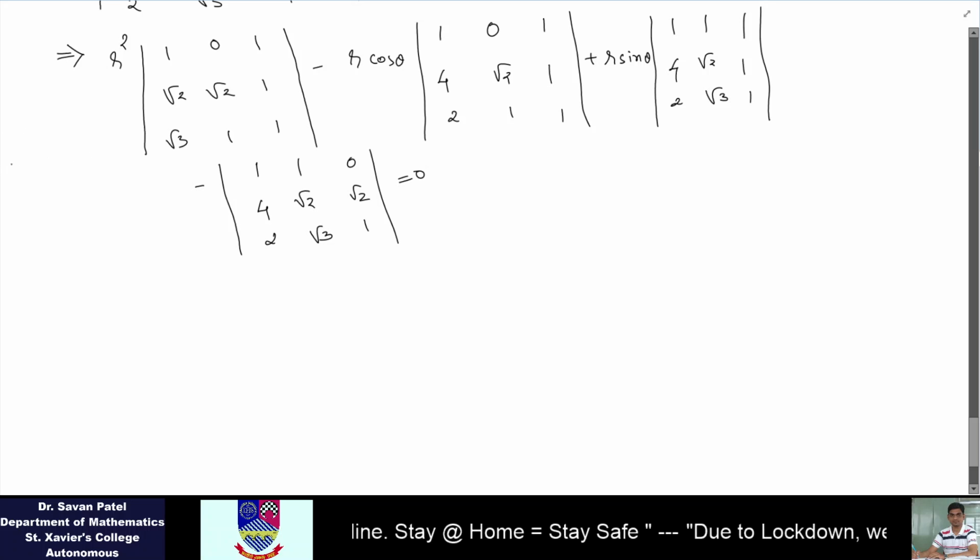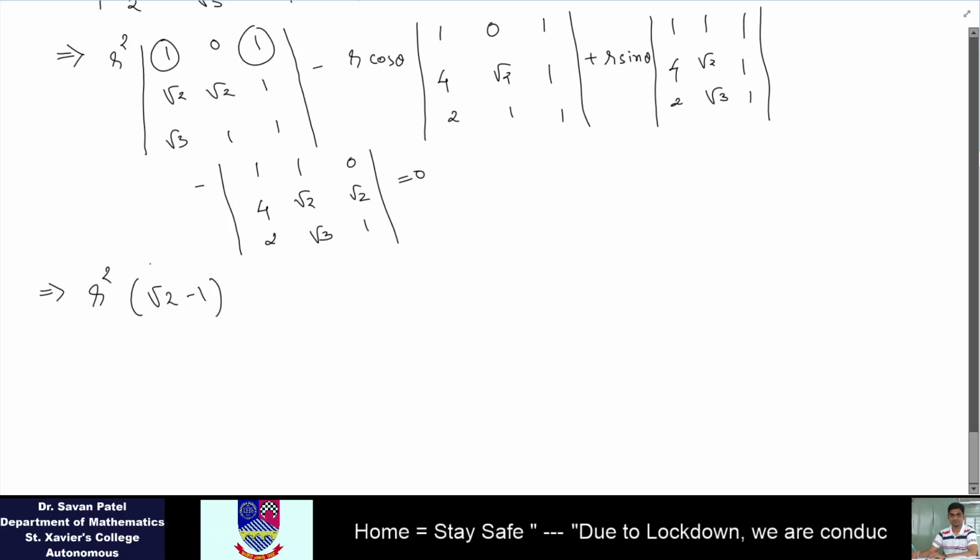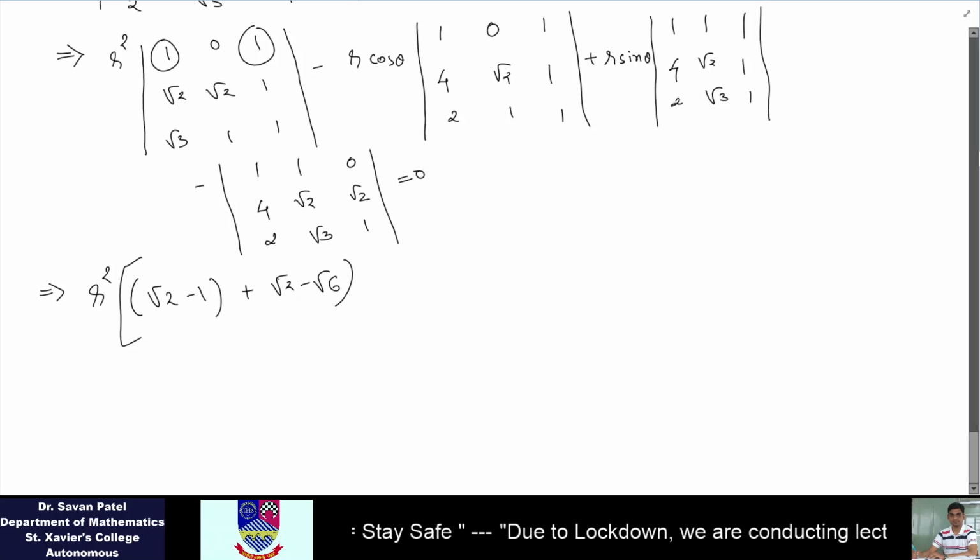So I am using that. r square represents 1 times the determinant of this, that is root 2 minus 1. Here this is 0, so no effect. Plus the determinant of this, that is root 2 and root 6, so root 2 minus root 6.